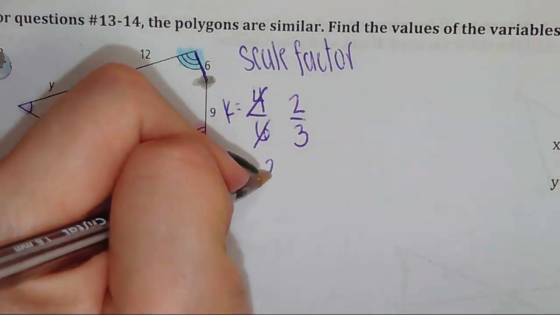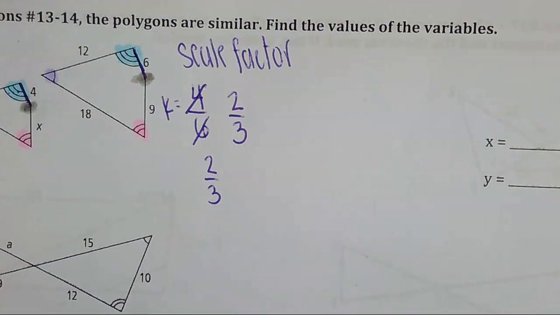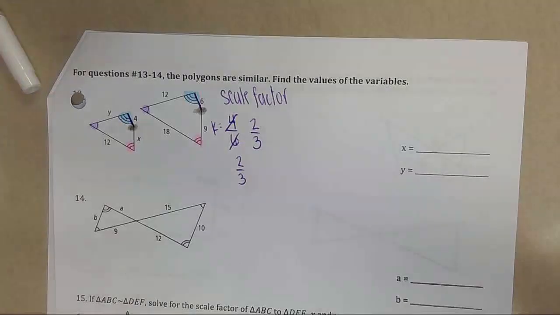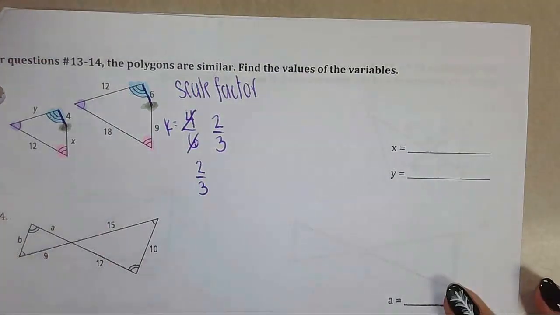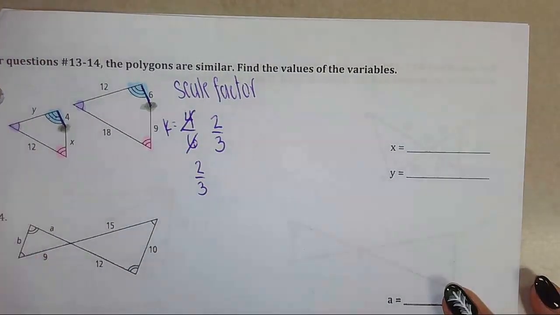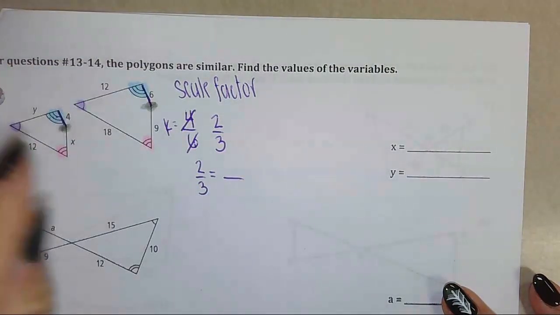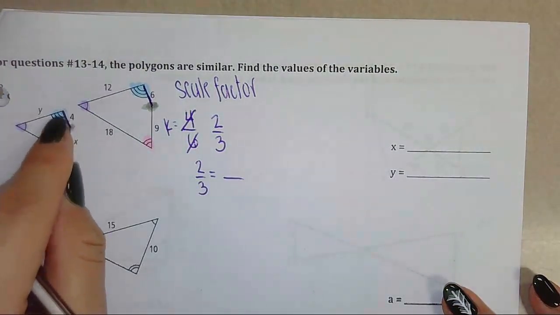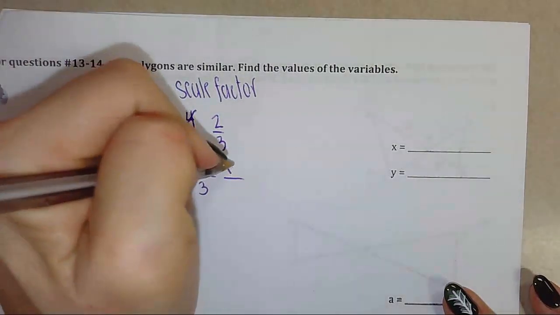So what I'm going to do is use that 2 over 3 to solve for both x and y. Maybe I need to zoom out a tiny bit. Okay, so I'm going to look for where my y is. And since I started with 4 on top, which is this shape over here, I'm going to start with y on top.